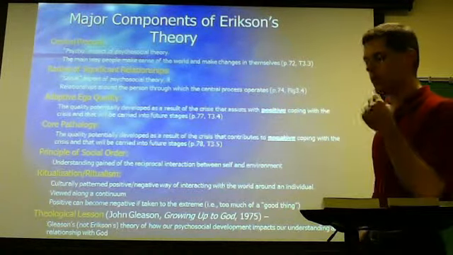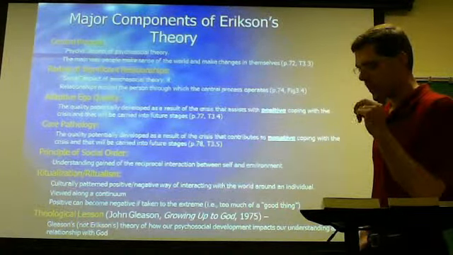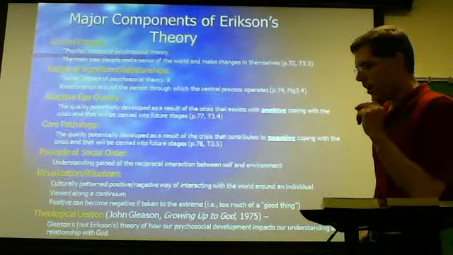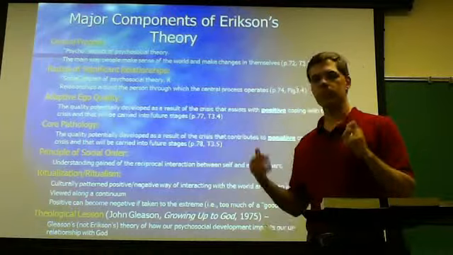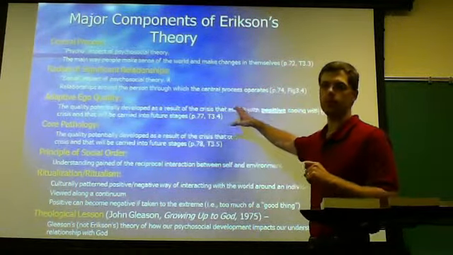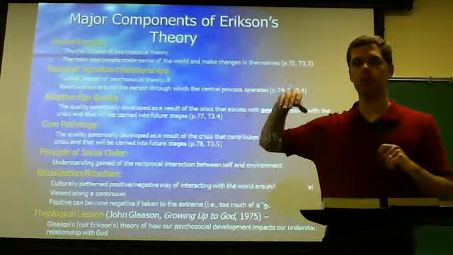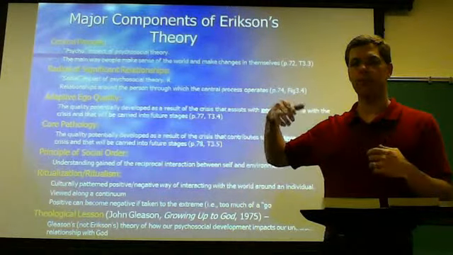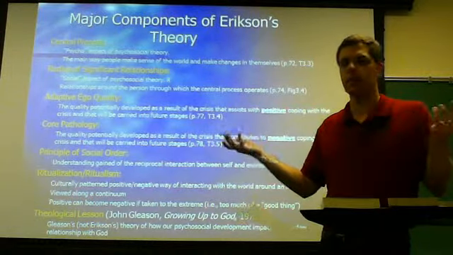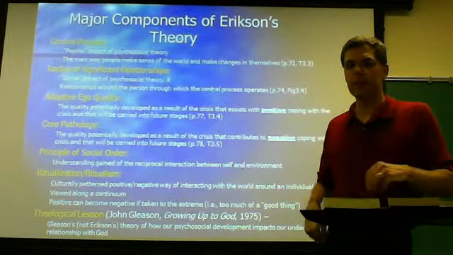Your book doesn't really talk about this, but the principle of social order is what it is that I will understand about the world from what I am going through here. You know, am I going to understand that the world is a trustworthy place if I'm in the trust versus mistrust stage? Obviously, an infant isn't going to think at that level, but it's the principle that develops for the infant.